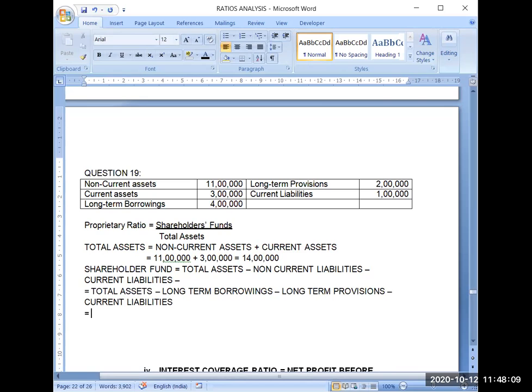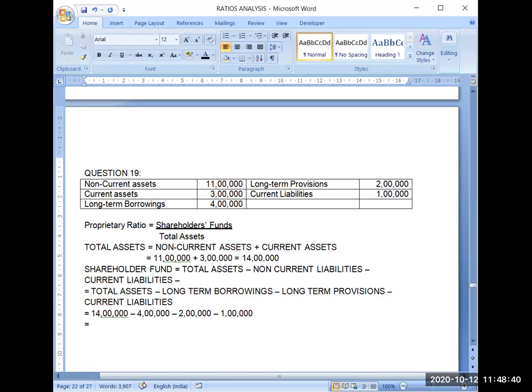Okay. Now total assets we have calculated 14 lakh, minus long-term borrowings will be how much? Long-term borrowings will be 4 lakh. Long-term provisions will be how much? Long-term provisions are 2 lakh. And current liabilities are given 1 lakh.